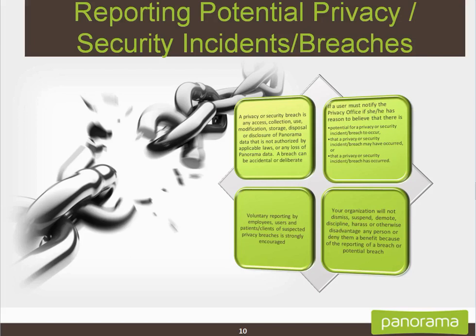If a user has reason to believe that there has been a privacy breach, they must notify the Privacy Department for IH. Voluntary reporting by employees, users, and patients and clients of suspected privacy breaches is strongly encouraged. IH will not dismiss, suspend, demote, discipline, harass, or otherwise disadvantage any person reporting a breach or potential breach.